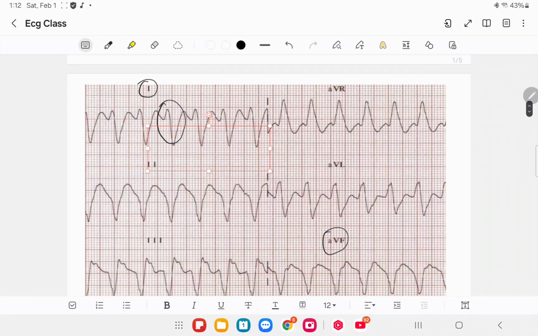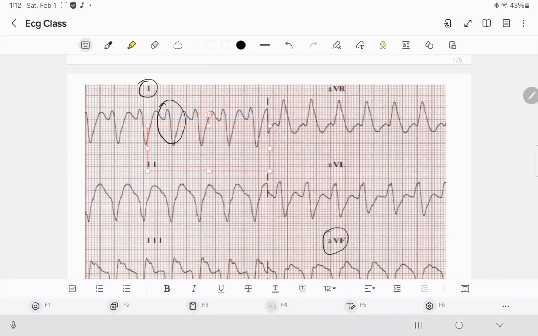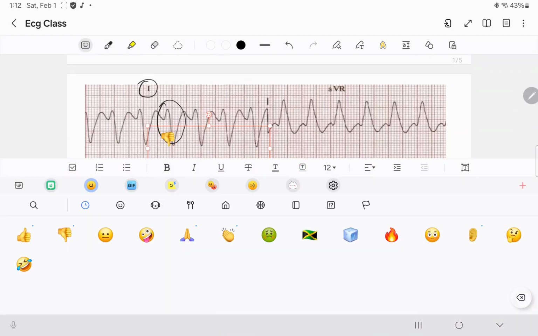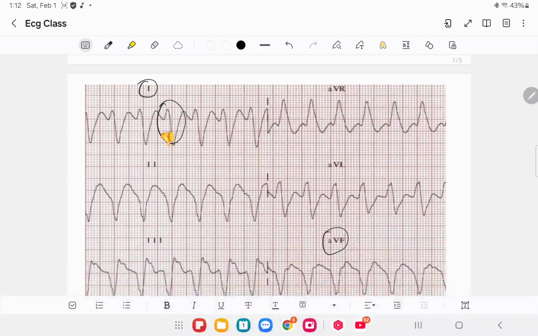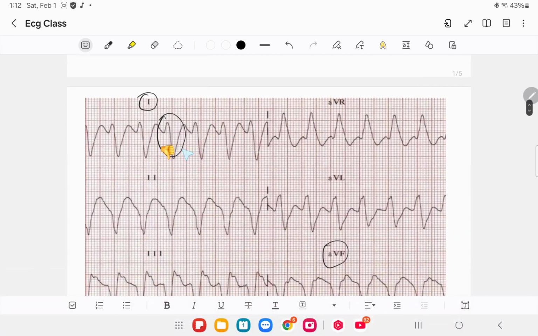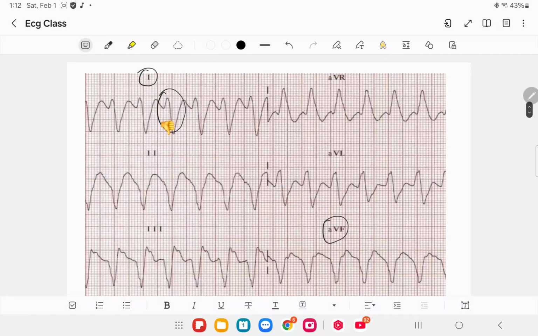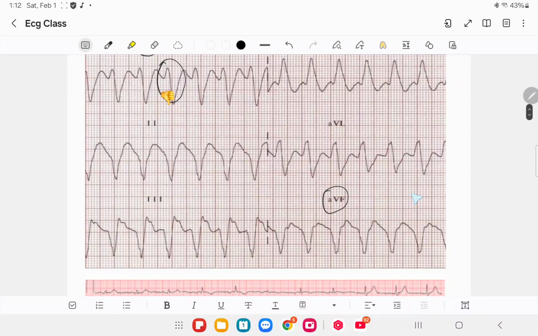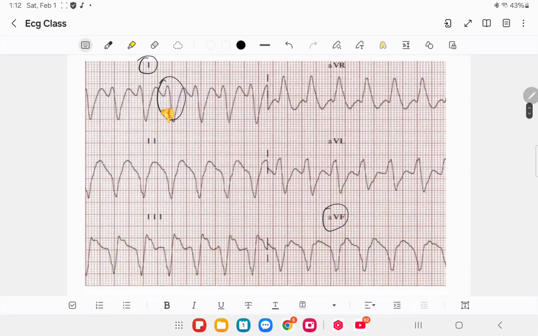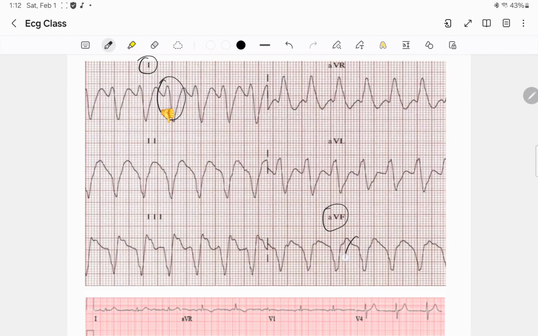All right, so that's a thumbs down. All right, cool. And lead AVF, well, to be honest, that's mostly going down too. See, it's negative too. So let's label that as well.